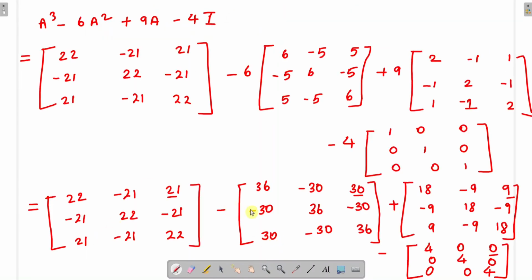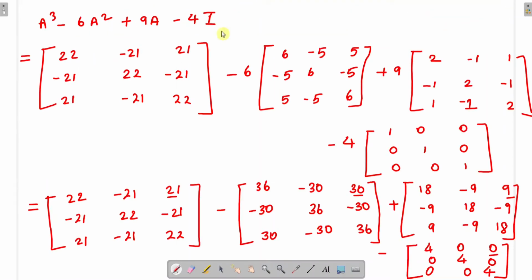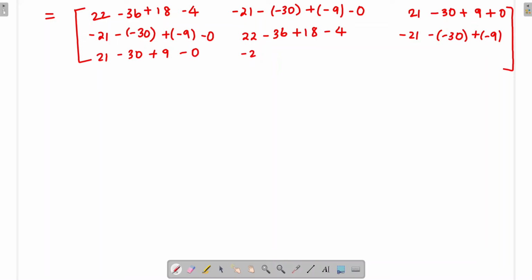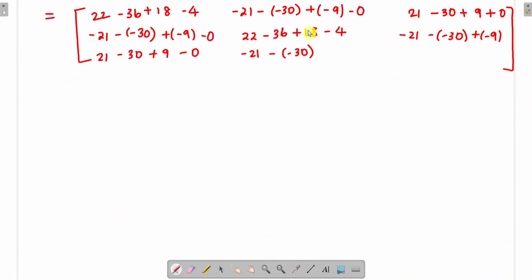Now let us see, 21 minus 30 plus 9 minus 0. Then minus 21 minus of minus 30 plus of minus 9.